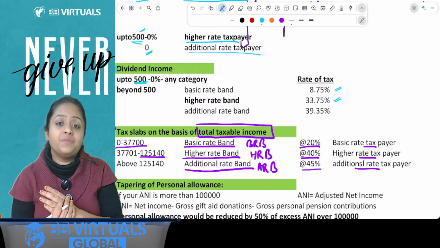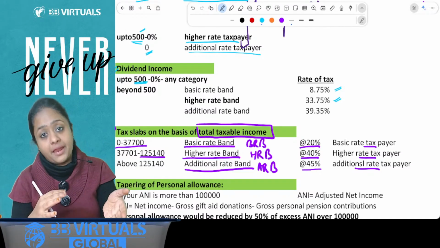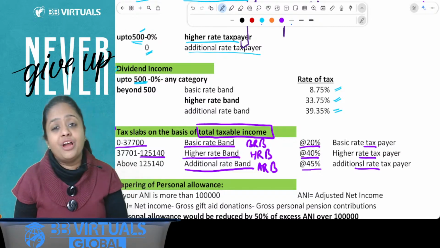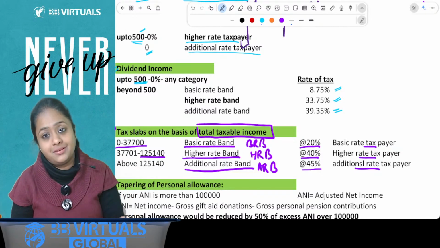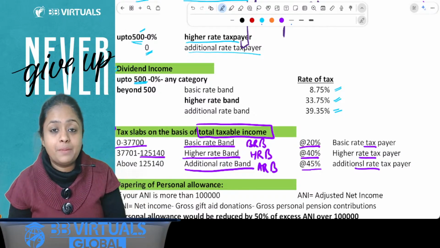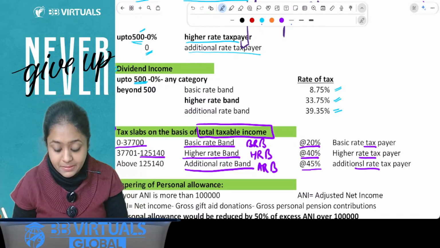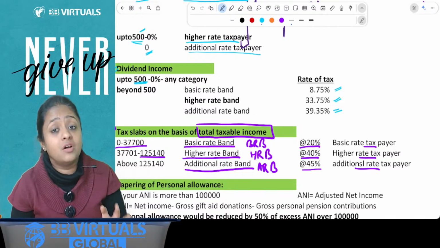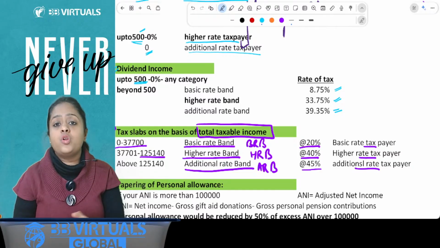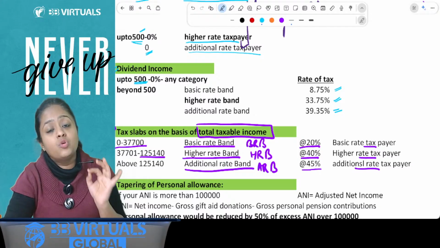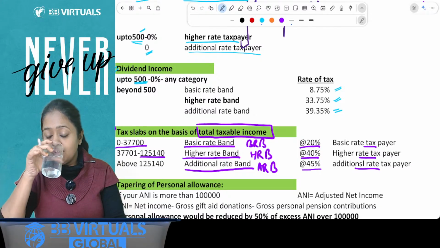If you're taxing dividend income in the additional rate band, the rate will be 39.35%, again lower than 45%. So 8.75%, 33.75% and 39.35% would be given to you in the exam in your tax rates and allowances chart. Even if you don't remember them, you can open that help section in the exam and you will be good to go.